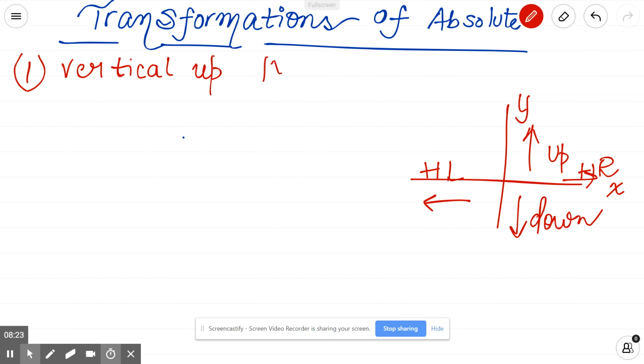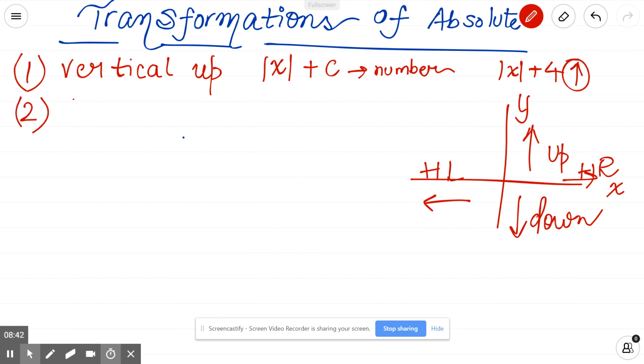Up will be whenever you're adding a number outside the absolute value bars where c is a number. So that means if I have an example of absolute value of x plus 4, this will go 4 units up from the parent function.